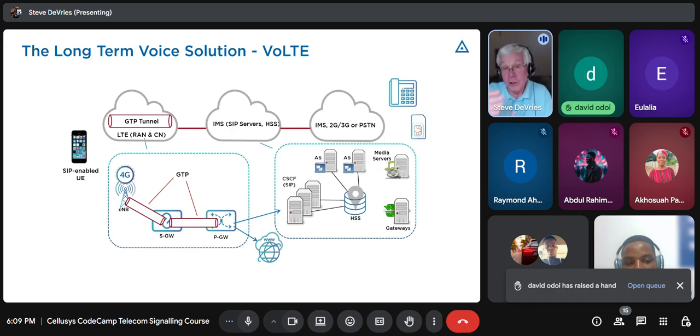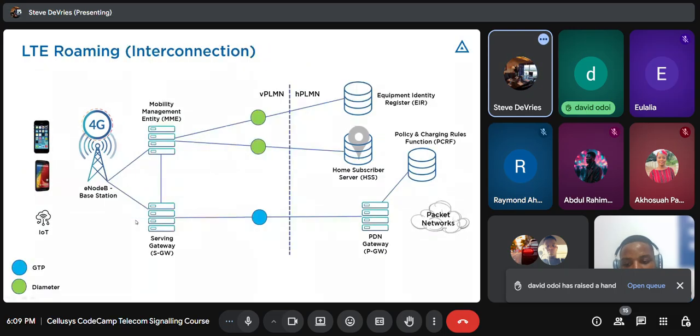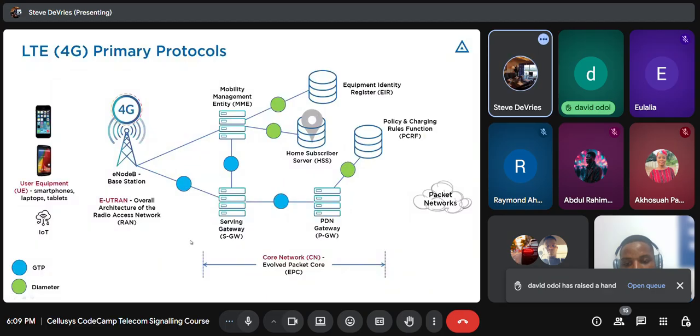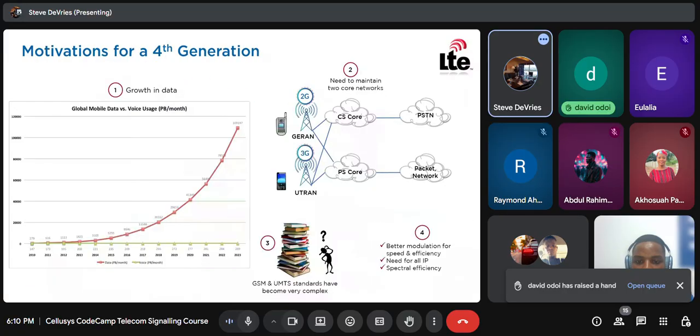Or if you need to use your phone for 3G services, because once you get to 4G and 5G and any other G beyond 3G, 4G is data only. So you need to do other things to handle circuits. 4G only handles data. To answer your question, no, we'll go into that in more detail Friday.